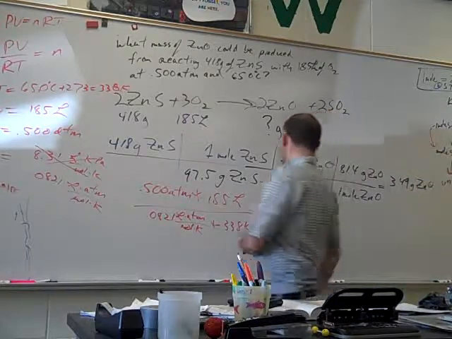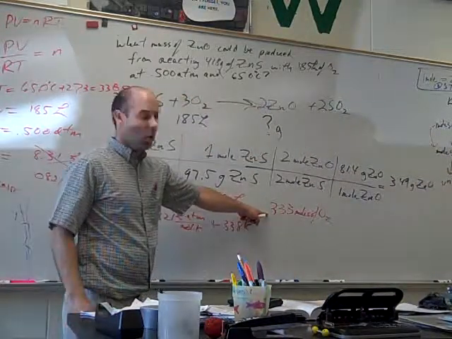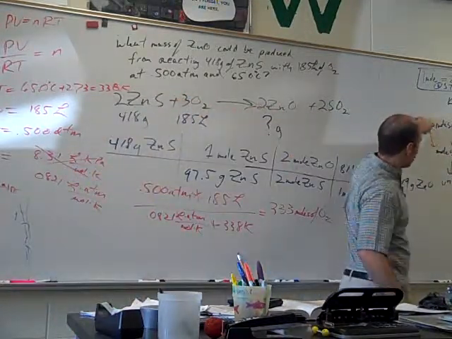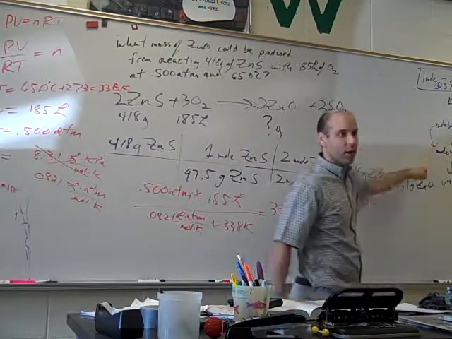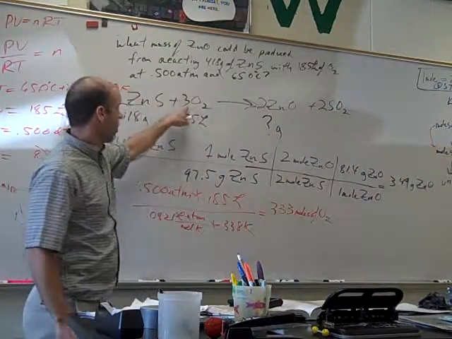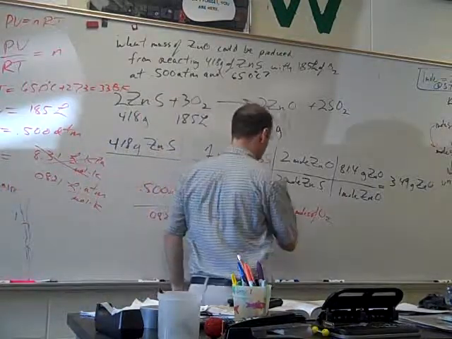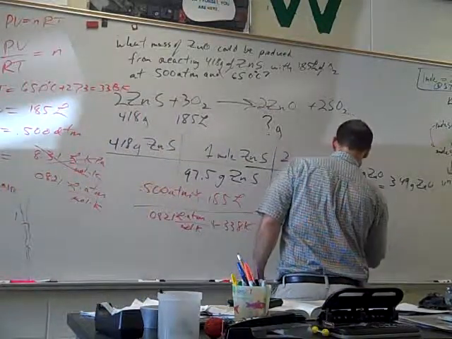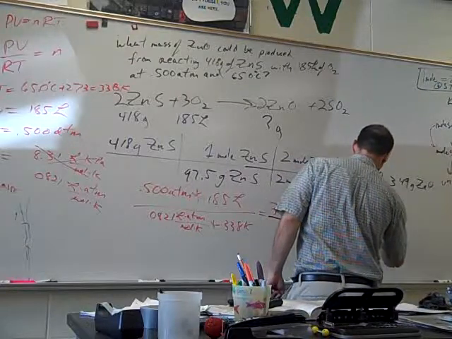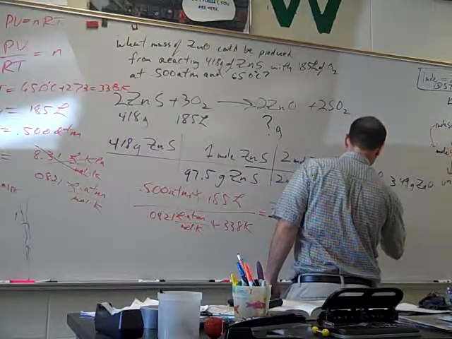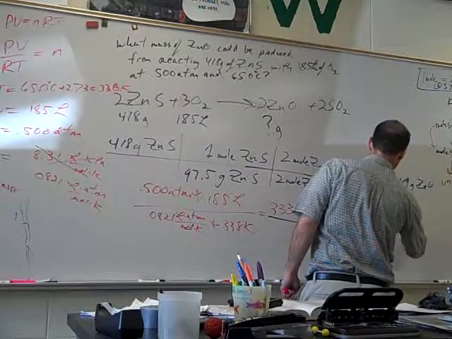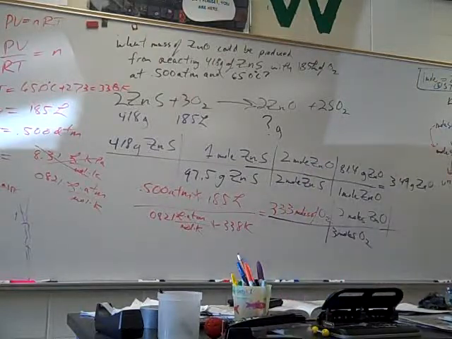Once I got into moles, now I go from moles of known to moles of unknown, and I use my ratio. For every 3 of these, I'm going to get 2 of those. For every 3 moles of oxygen, I get 2 moles of zinc oxide. And then the last step is convert moles of known to grams of unknown.